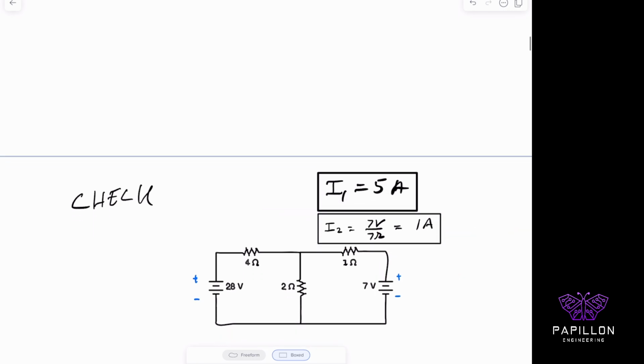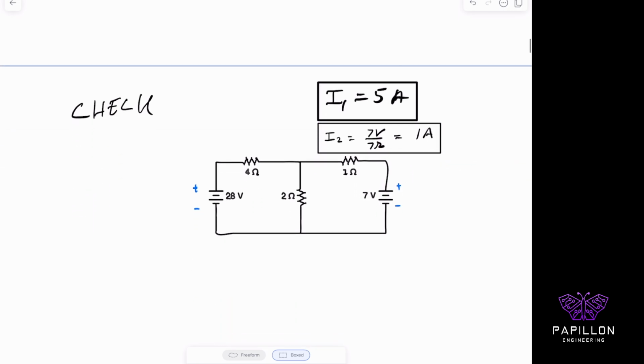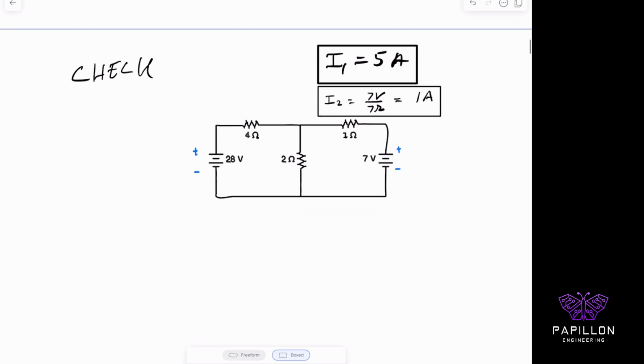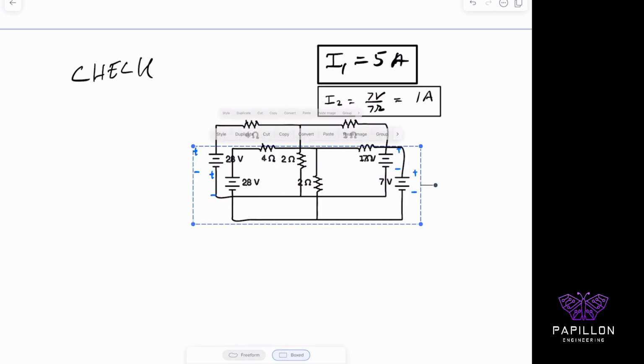So here are my 2 options, and with my check I can literally put back in my values of 5 amps on my problem set, and I can also put in my values of 1 amp as well. Let's take a look at that in a little more detail to see what I mean. So here it is.